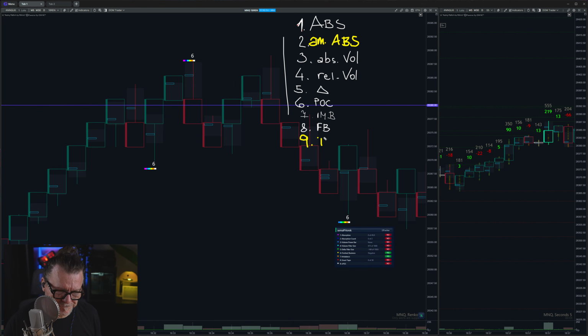The 9th condition is tape. Because at that time I was looking at the smart tape and I wanted to see that there were huge market participants active. For example, that at this level there was a market participant who traded at least, I'm using red color and I am writing plus 25.